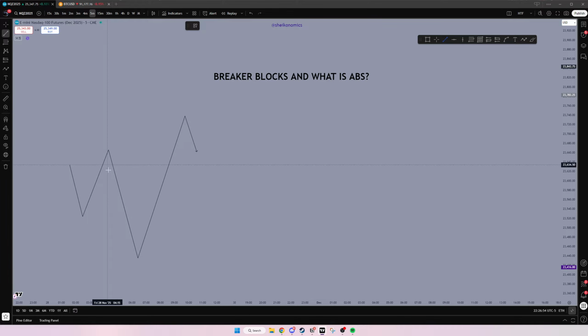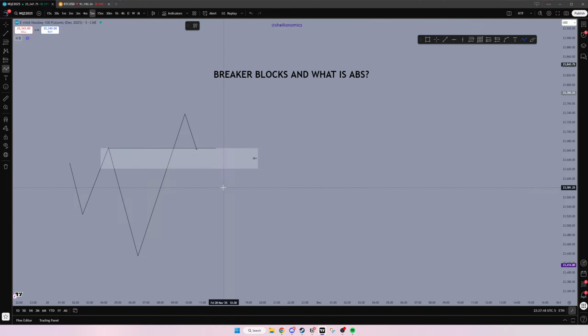You have low, high, lower low, higher high. Once you close above this high, this right here is your change in state of delivery, and this validates the breaker. So with this leg right here, you take the last candle of the leg, and this right here would be your bullish breaker. Same thing opposite: a bearish breaker would just be a high, low, higher high, lower low.